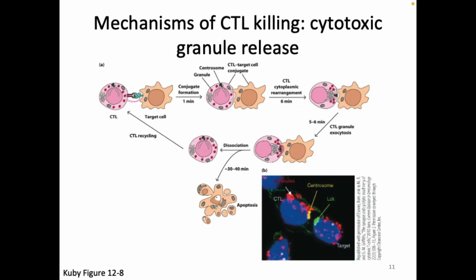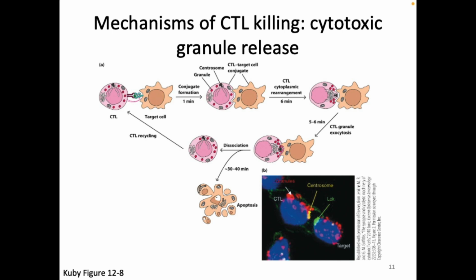You can see the same idea here. So here we've got our CTL. It's full of some pink dots, which are the cytotoxic granules. As that CTL interacts with the target cell, we're now going to move those cytotoxic granules right next to the target cell. And then we're going to secrete the toxic stuff to kill that target cell.